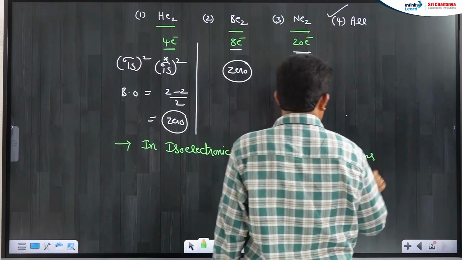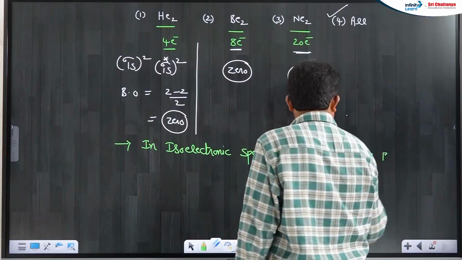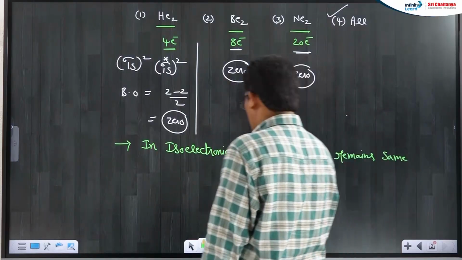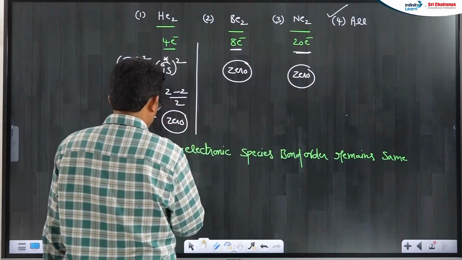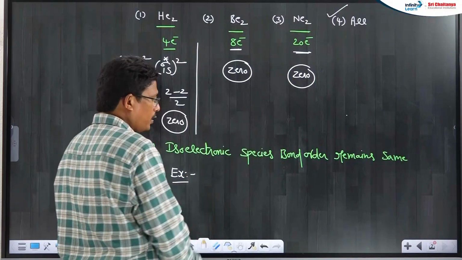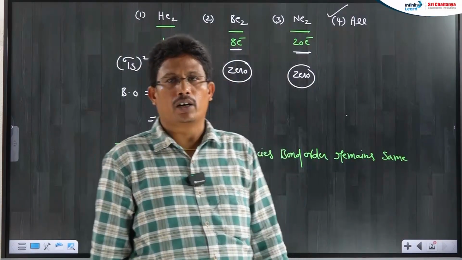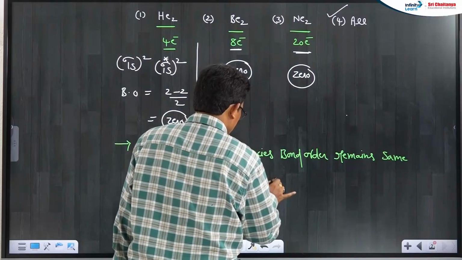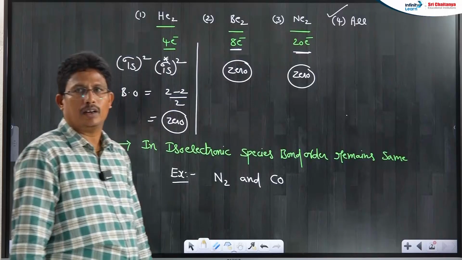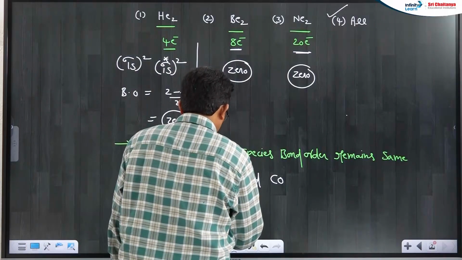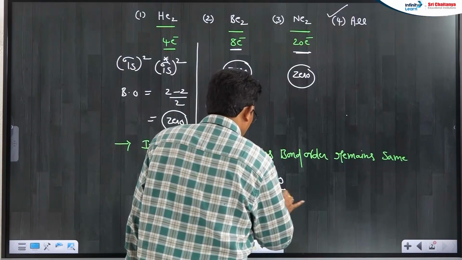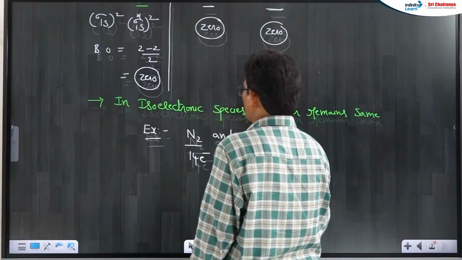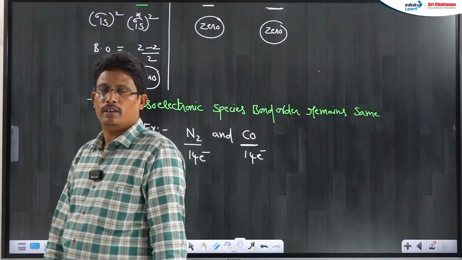In isoelectronic species, bond order remains the same. For example, N2 is isoelectronic with carbon monoxide, CO. N2 has 14 electrons, carbon monoxide also 14 electrons. So they have the same bond order, 3 and 3.